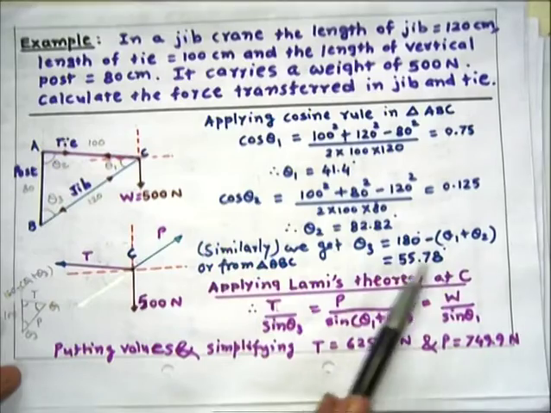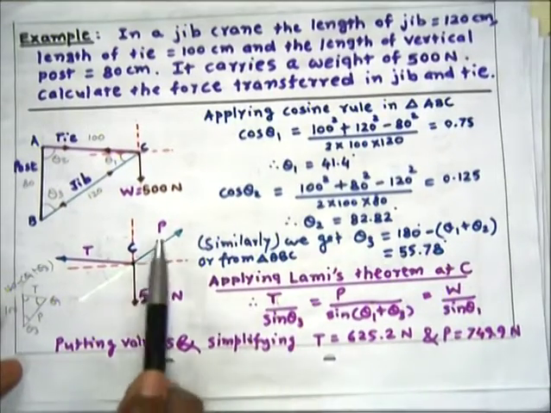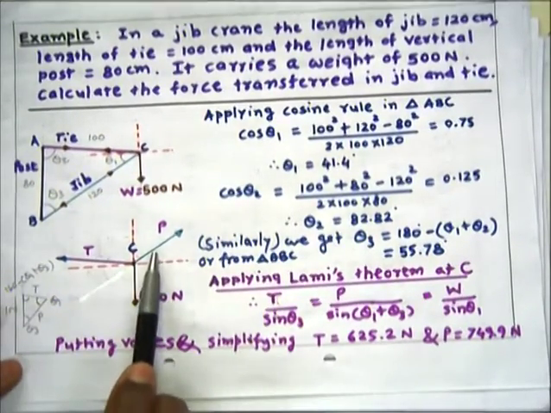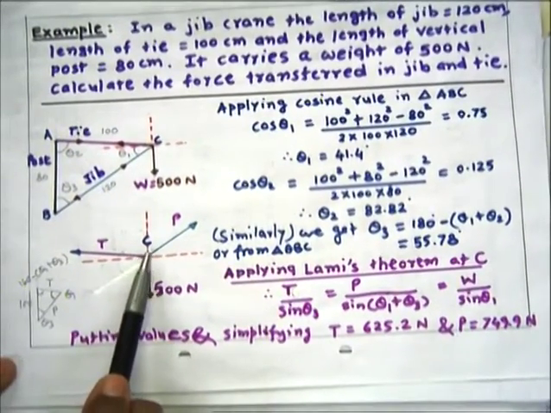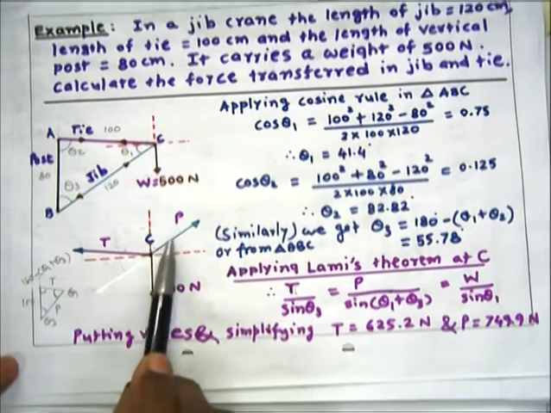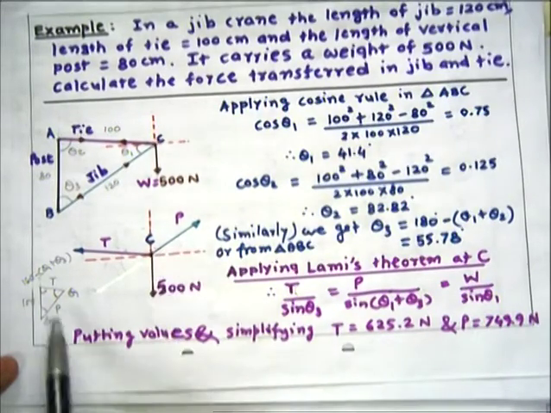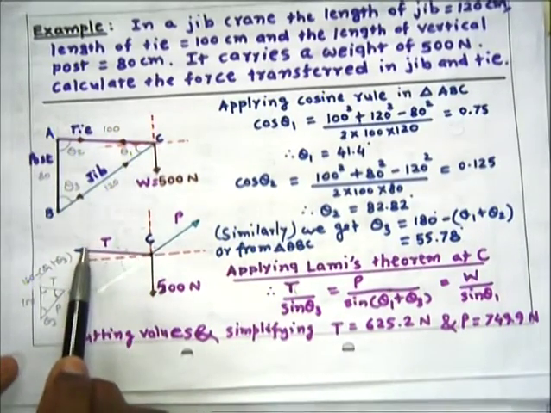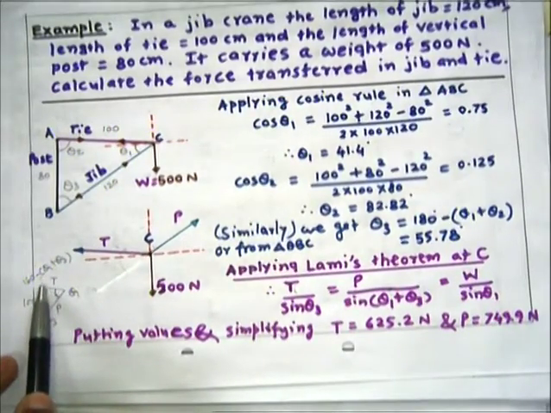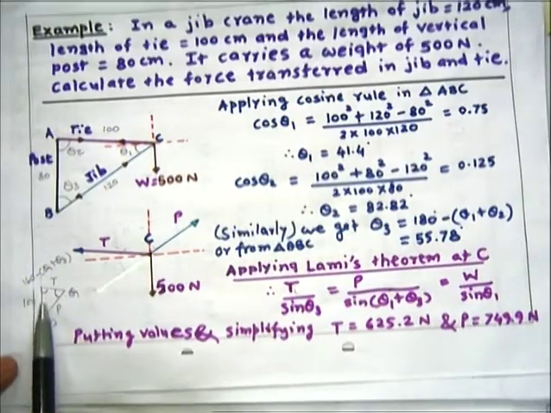Then applying Lamy's theorem, for simplicity say we are drawing a force triangle. We are showing this force as P, then from P we need to draw T, and then from that, this force.